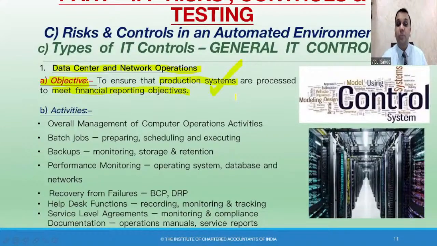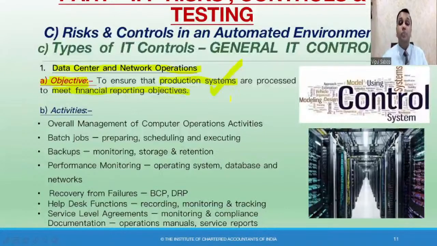This is the objective of controls placed at data center and network operations, because we get the information at this point, and it is used to meet our financial reporting objective.